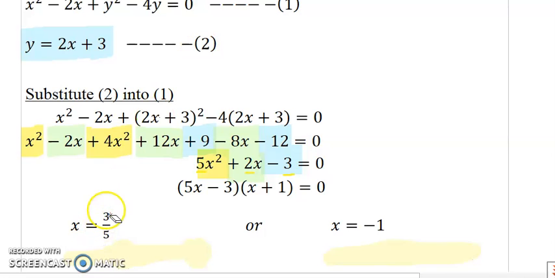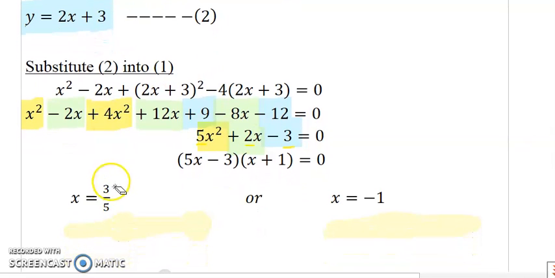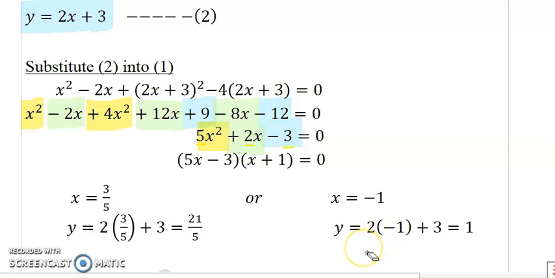We substitute 3 over 5 into 2x plus 3, and we substitute minus 1 into 2x plus 3. Substituting 3 over 5 into equation 2, we find y equals 21 over 5. Substituting negative 1 into equation 2, we have y equals positive 1.